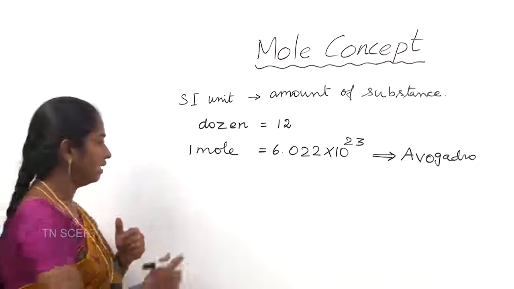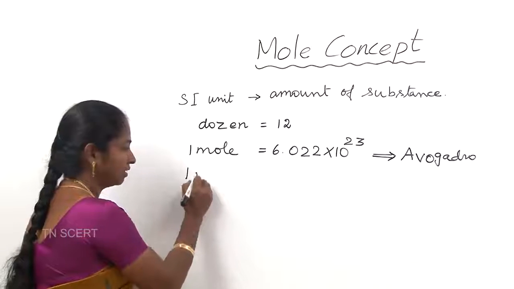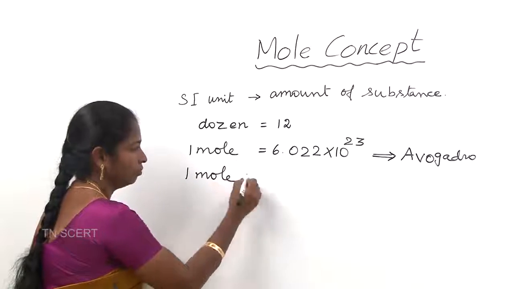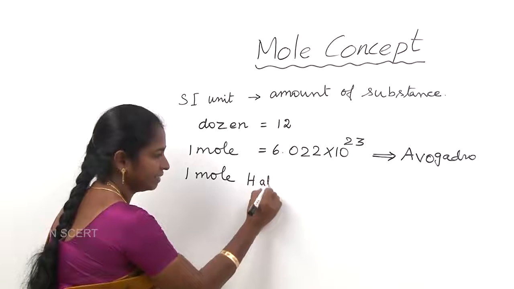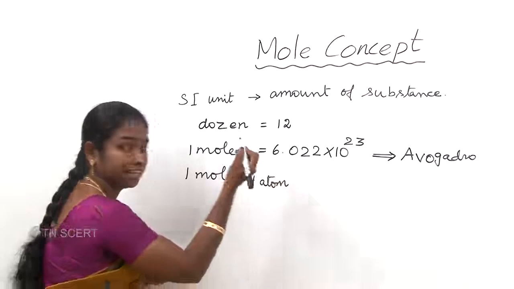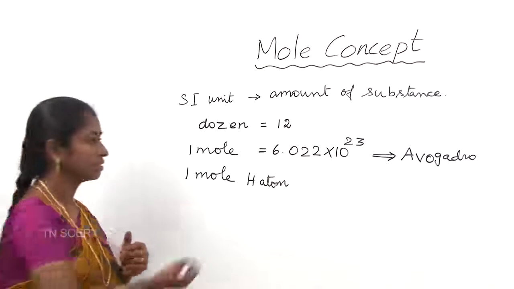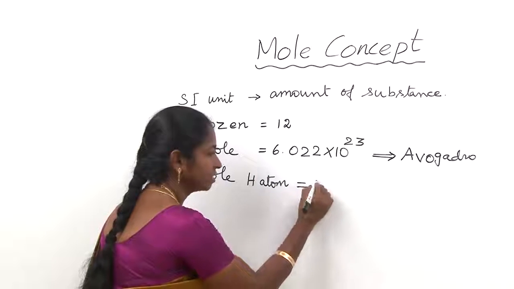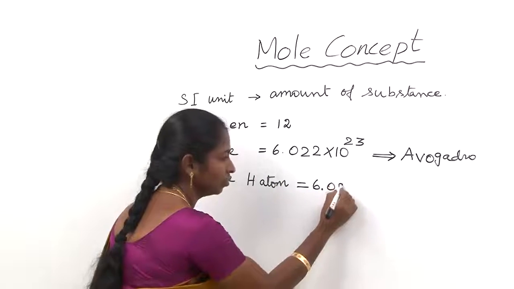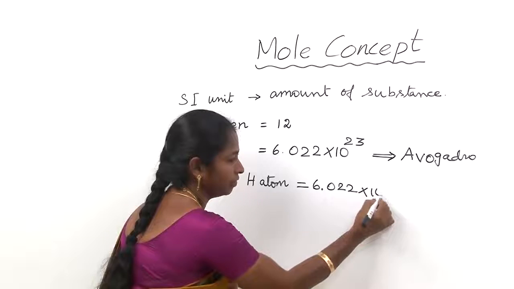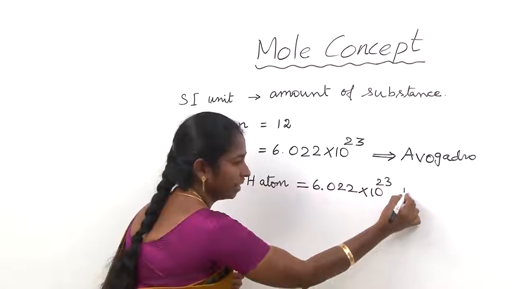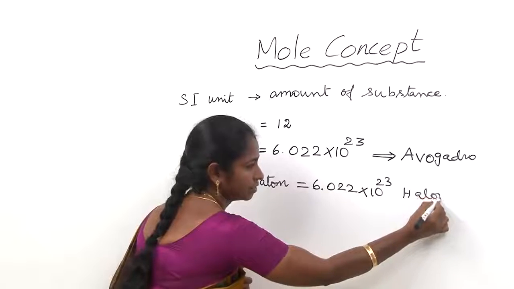Let us take an example. 1 mole of hydrogen atoms. How many atoms does this contain? Yes, it contains 6.022 into 10 power 23 hydrogen atoms.